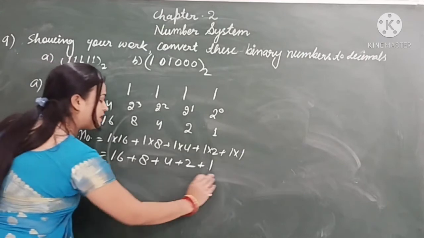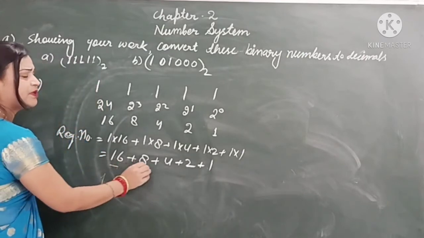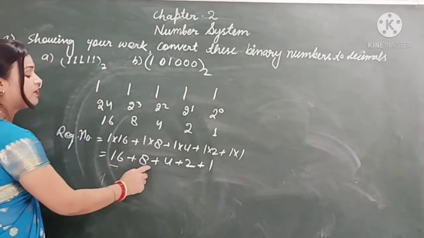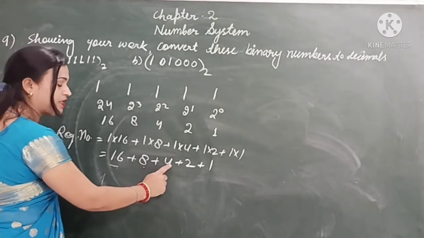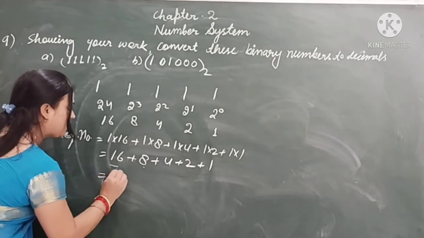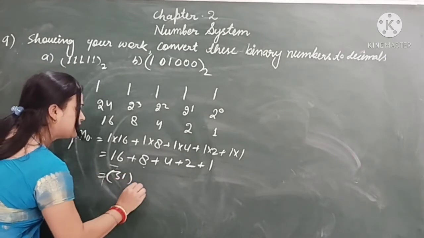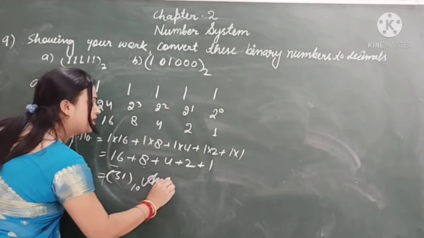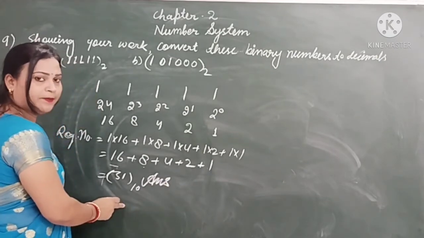Now add all these. 16 plus 8, 24, 24 plus 4, 28 plus 2, 30 plus 1, 31, is equal to 31 base 10. This is our required answer, okay?